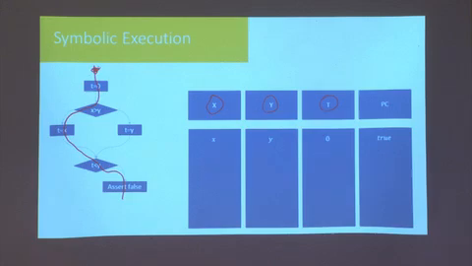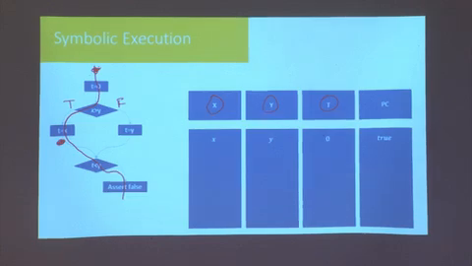And now, how does the path constraint look in this case? So by the time we get here, how does the path condition look?